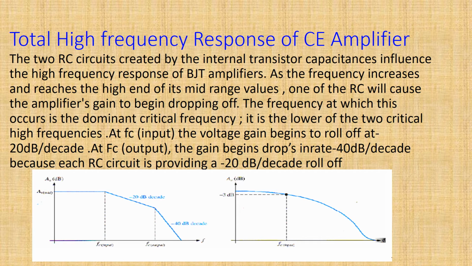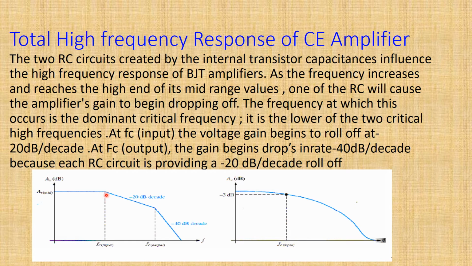So this is the total high frequency response of the CE amplifier. This was in the mid gain. Now here, this roll-off is coming because of your input RC circuit, and this is coming because of the output RC circuit.